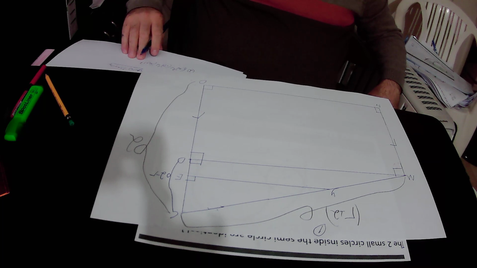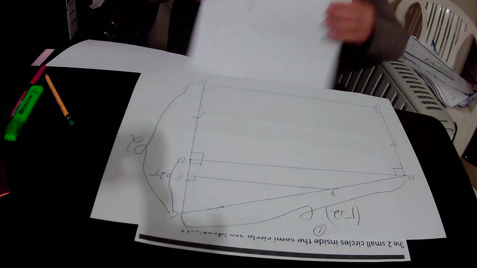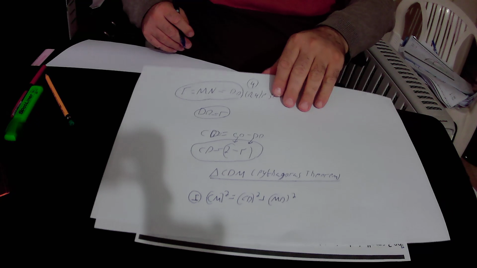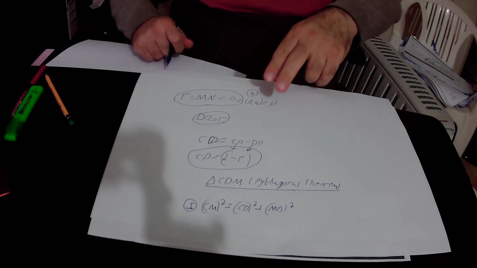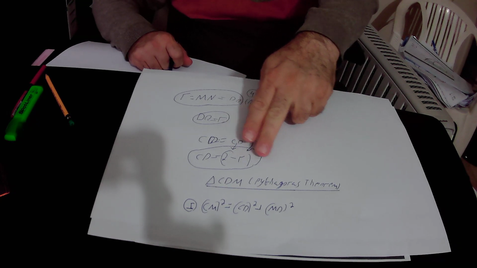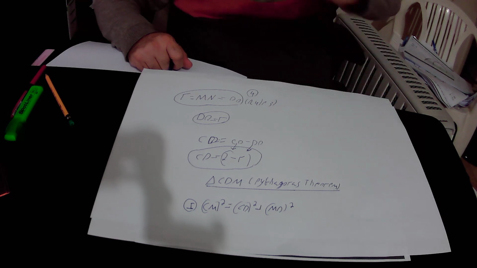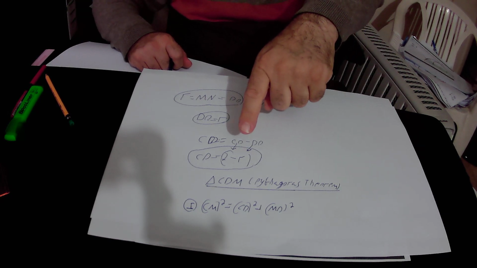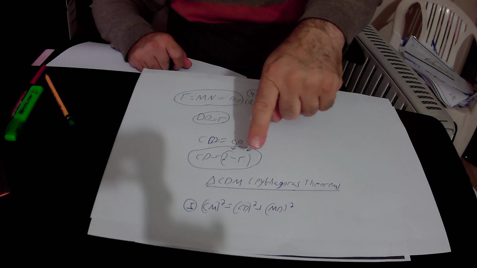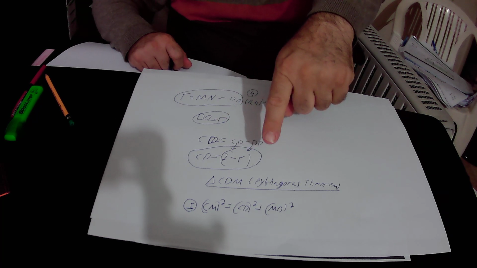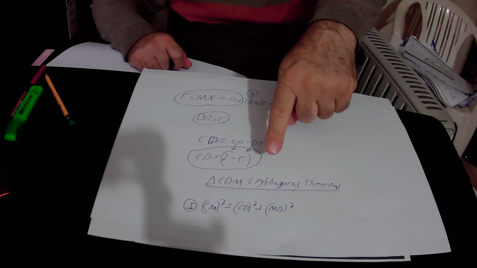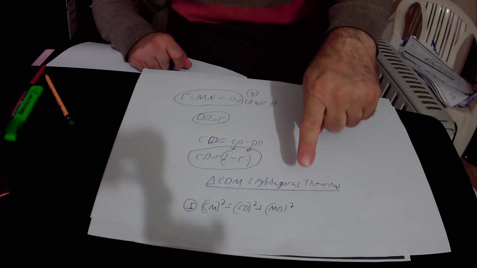I'll repeat again. In the right triangle CDM, according to the Pythagoras theorem, the square of the hypotenuse, CM squared, equals CD squared plus MD squared.